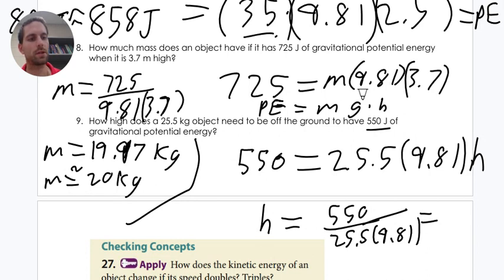I made sure to include parentheses here because otherwise I can make a mistake and forget to not divide by everything. I should get 2.191, we'll just say 2.19 meters.